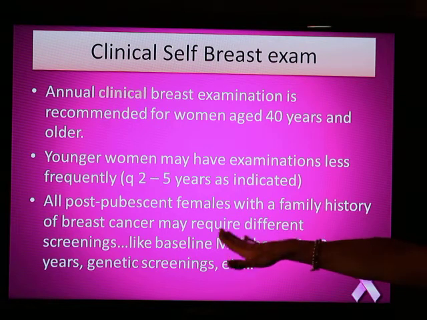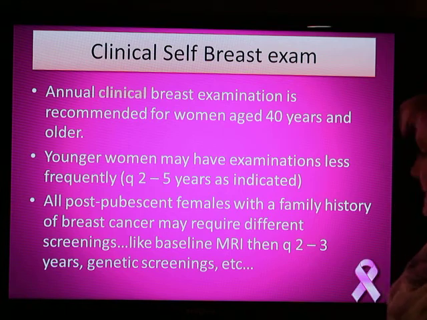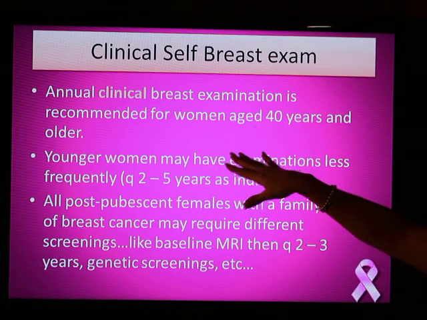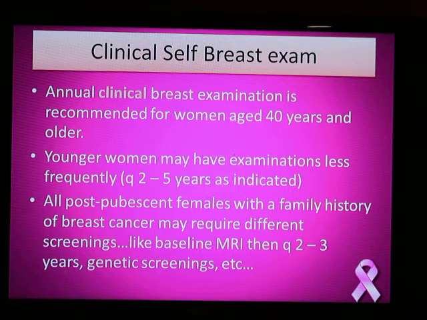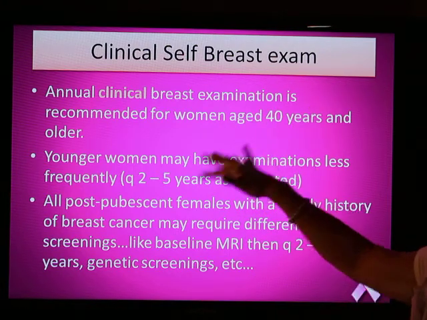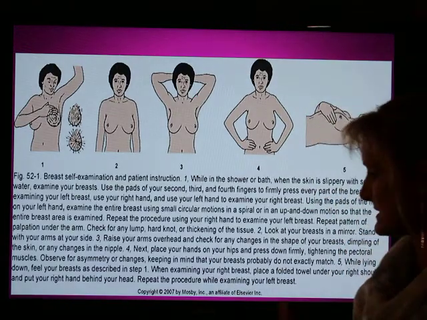Most post-pubescent females, these are women who have already started menstruating, and who have a family history of breast cancer, might require different screenings. They might need to start an annual clinical breast exam earlier, or get an MRI or genetic screening. But typically in most of the population, it's a clinical breast exam once a year after the age of 40.